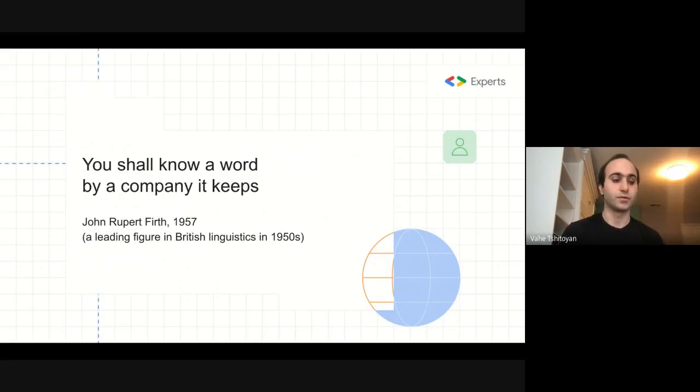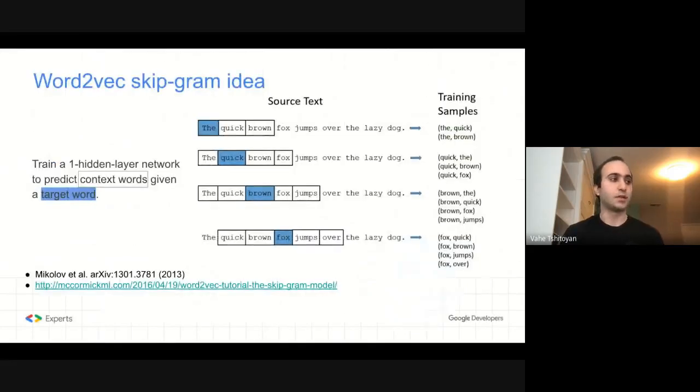Usually you use the context of the word, the token or the phrase, to build some representation for that word. One of the first times this idea was used very efficiently and became very popular was with the Word2Vec algorithm from 2013.